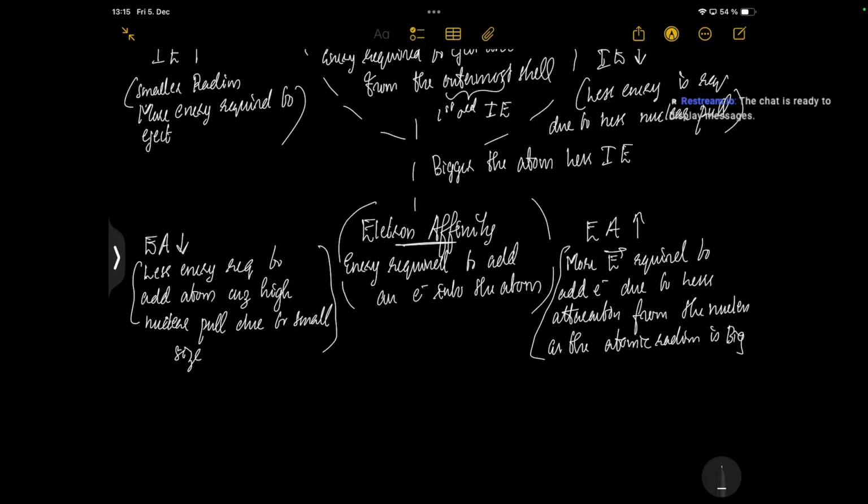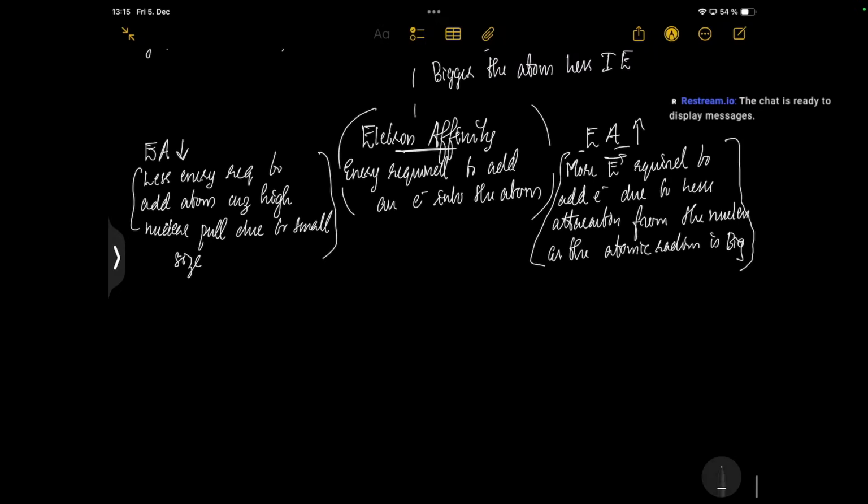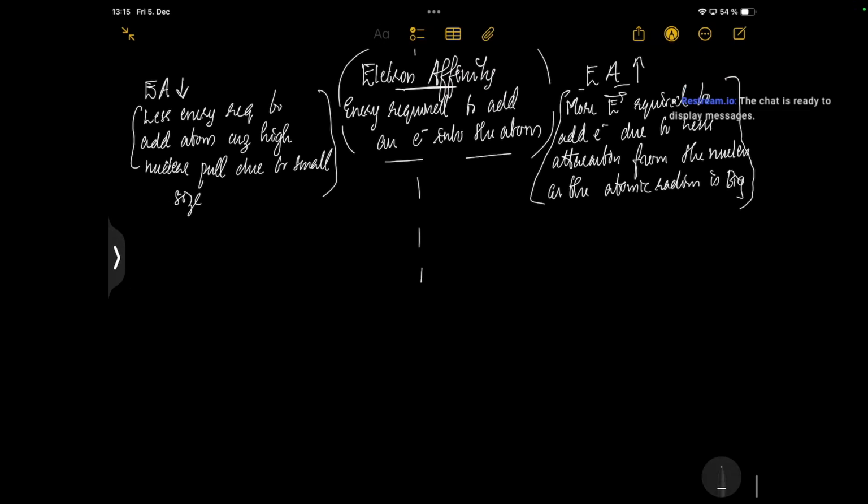The shielding effect, all these are what contributes to the higher electron affinity. Now, what was it? Electron affinity. What's next?